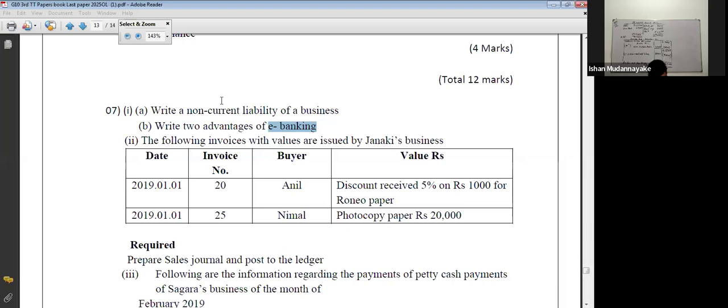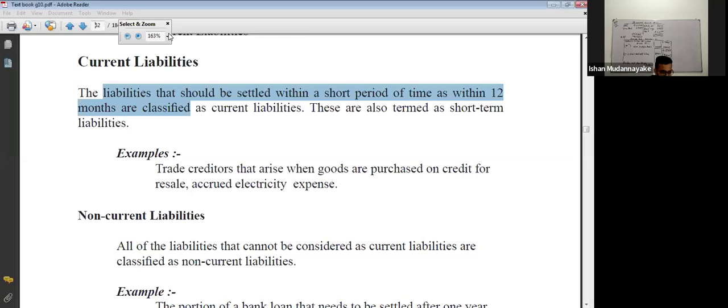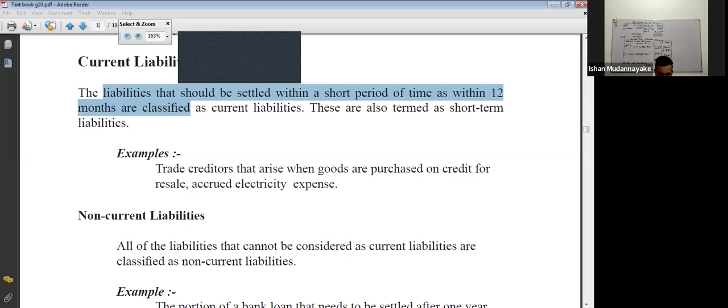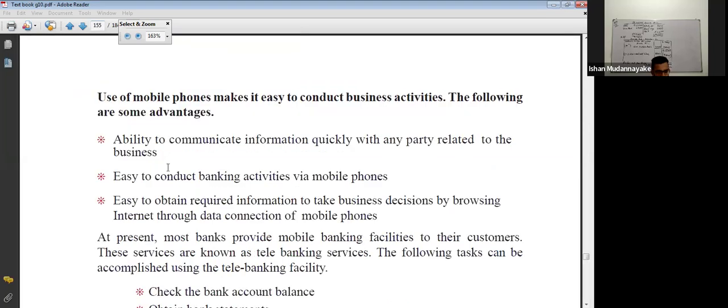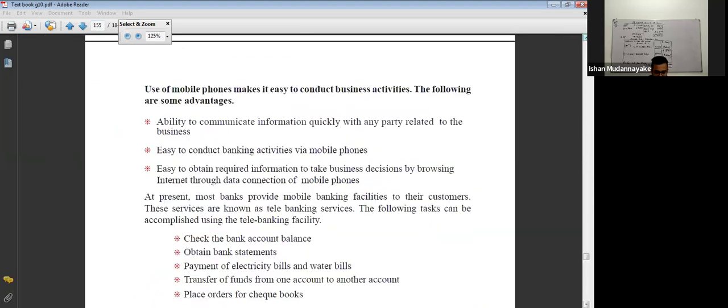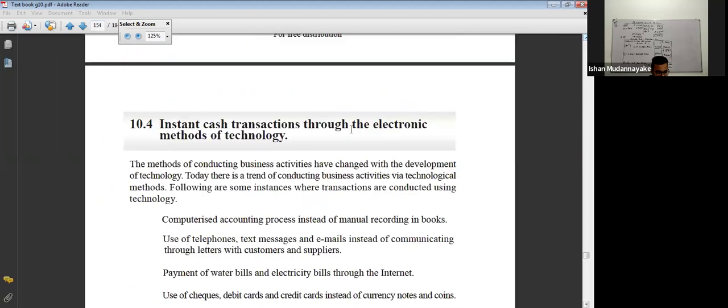Grade 10, chapter 10, page number 145. There is no direct answer in the textbook regarding the advantages of e-banking services. Instant cash transaction through the electronic method of technology.